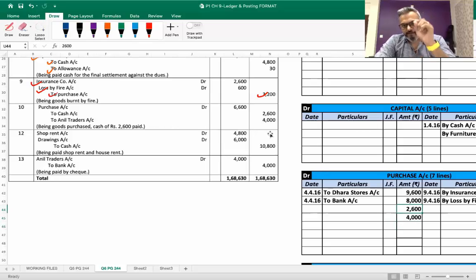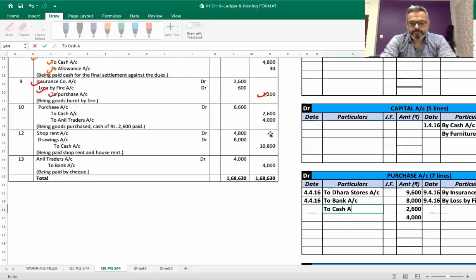If you write 6,600 here first, you will have to scratch it out later. So here we write to cash account and to Anil Traders account. And 2016.